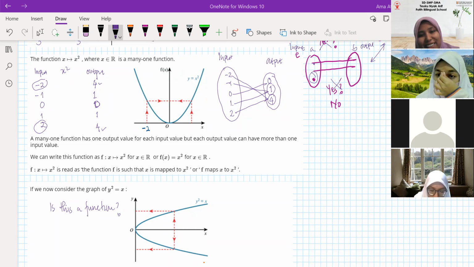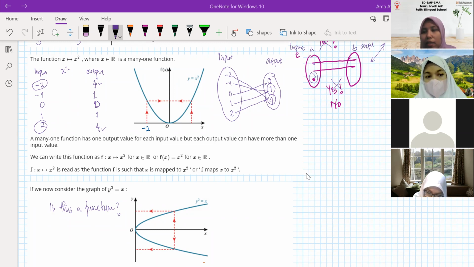Okay. About 90% of the students answered the same. It is a function. Okay, I will ask the students who have a different answer. It is interesting.